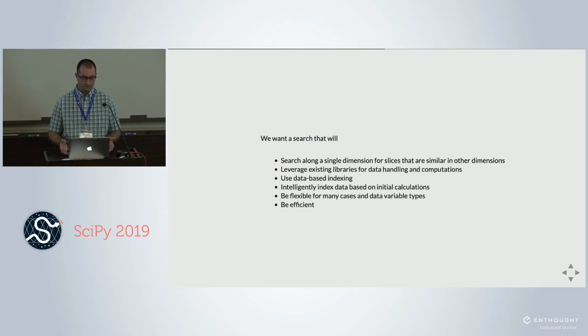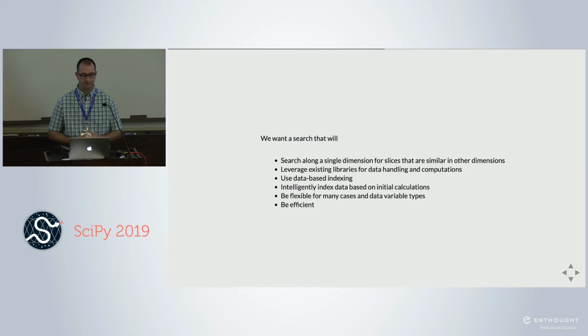And then also, it's possible to intelligently index the data based on some initial calculation. I'll talk about this a little bit more, but that means that I can subset data down on a case-by-case basis and reduce how much data I'm making calculations on without making my code less flexible.